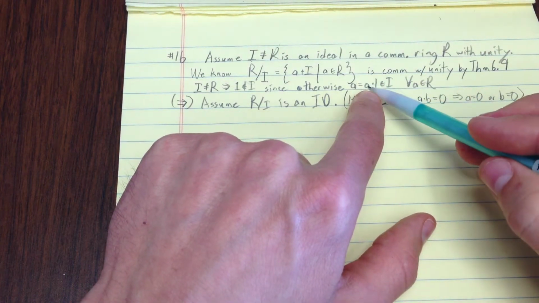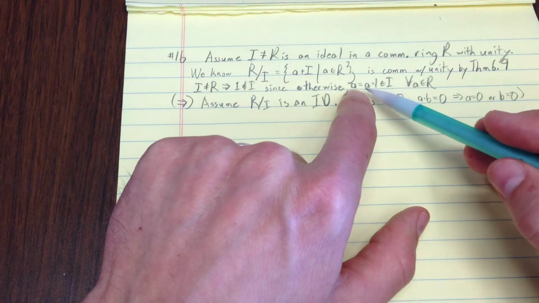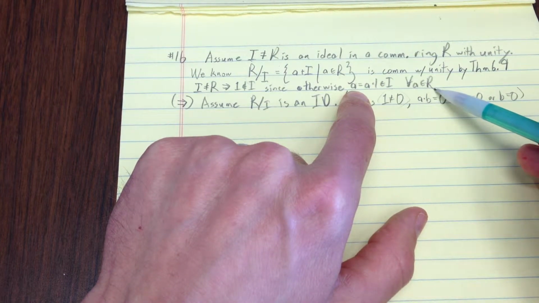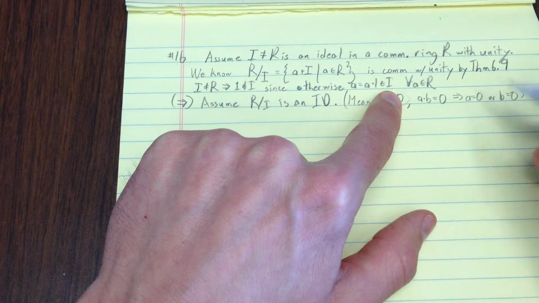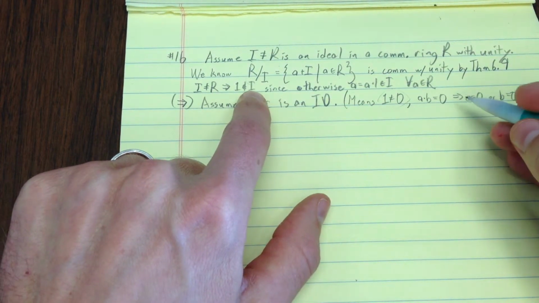It means anything in the ring times anything in the ideal is in the ideal. That would mean everything in R was in I, and that would contradict this statement.